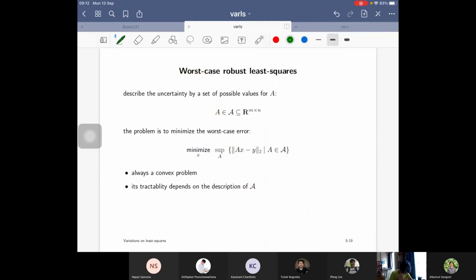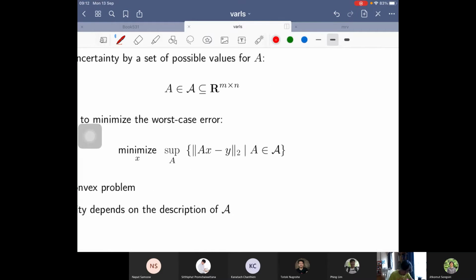From the lecture on convex optimization, we have this property. Take a look at this as a function of A and x, a function of two variables.